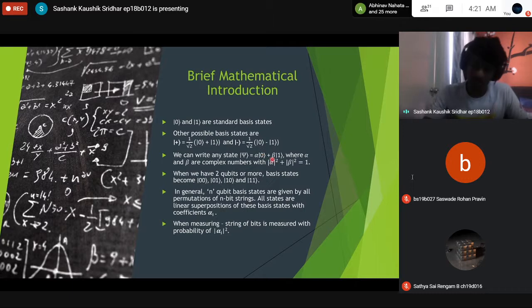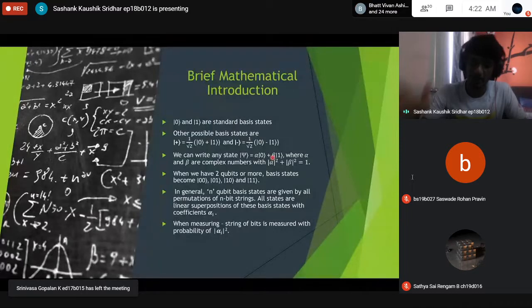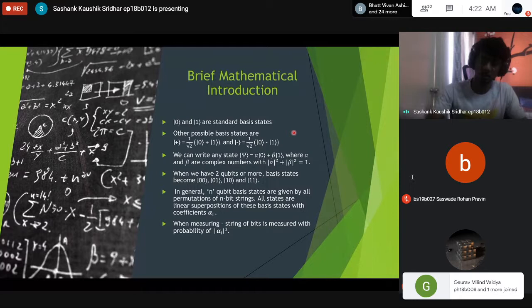Alpha and beta are essentially the same thing, except that there, the e power j phi term was a relative phase between the two, whereas here they are generally complex numbers. You can write alpha and beta as a two-dimensional vector, alpha, beta within brackets. It is a vector in a complex space.